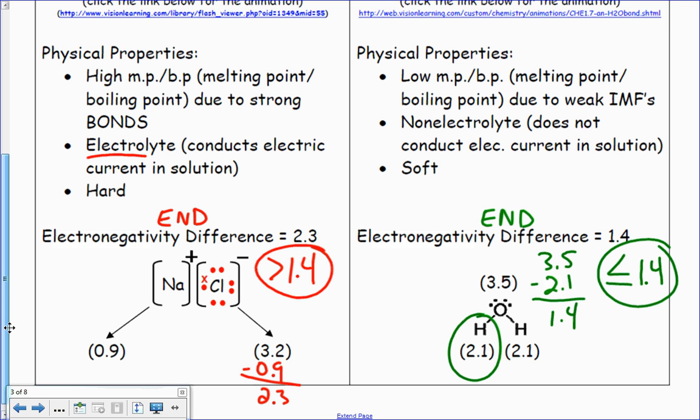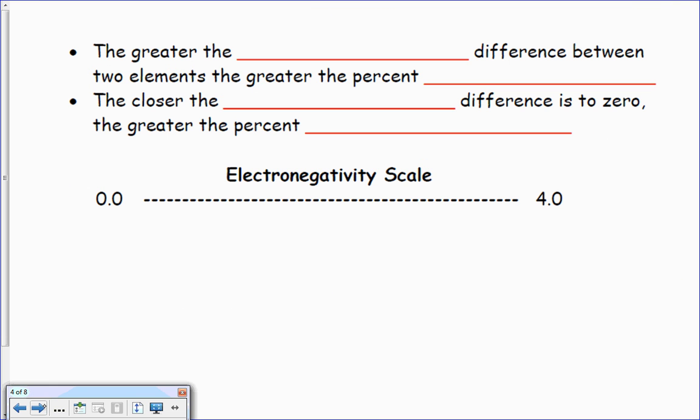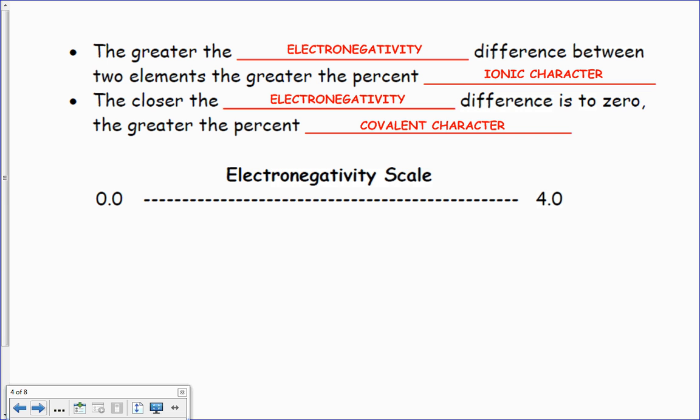As far as our bonding, we can tell that way. We can always calculate END if we need. So basically, the greater the electronegativity difference, the greater the percent that it's going to be ionic. The ionic character is just like metallic character. The closer I get up into that 1.4 and past, the more ionic I'm going to be. The closer the electronegativities are together, of course, I'll have more covalent character.